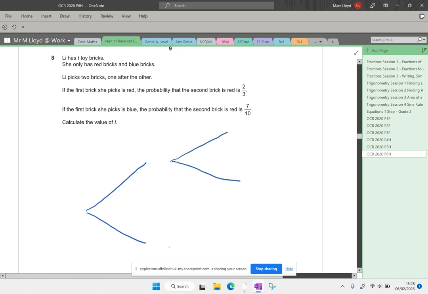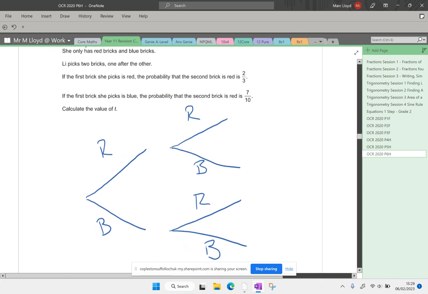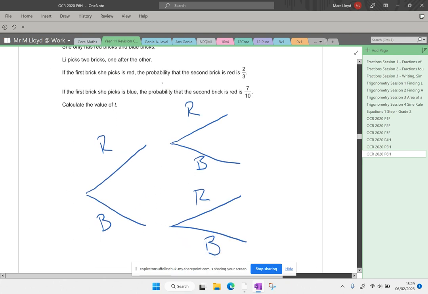Right. Going to do a diagram here. Doesn't say it's being replaced. So we need red, blue, red, blue, red, and blue. So if the first one she picks is red, the probability the second brick is red is 2/3. Okay, and then that means that's 1/3.